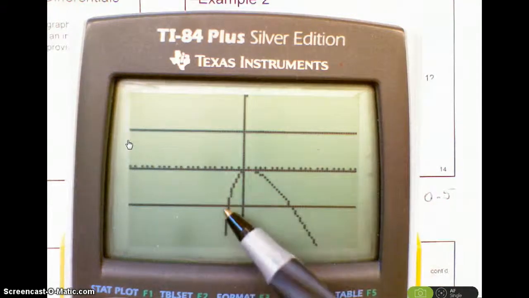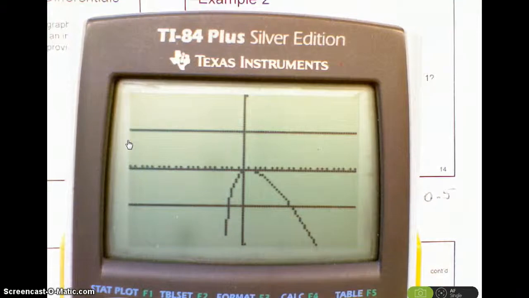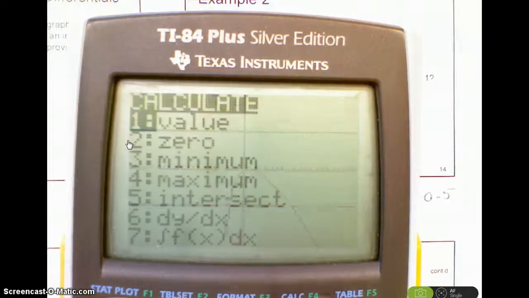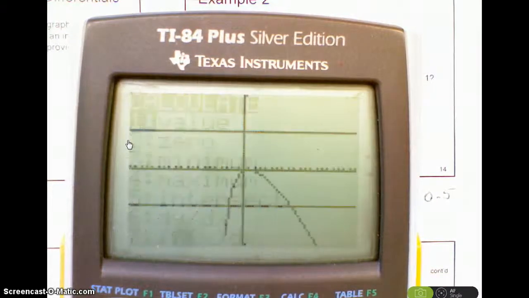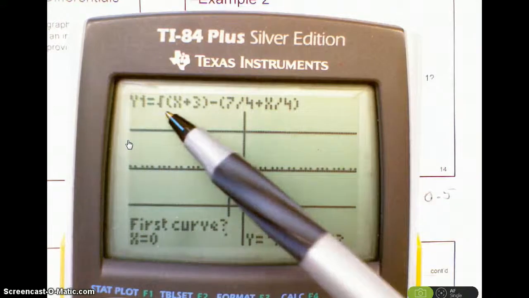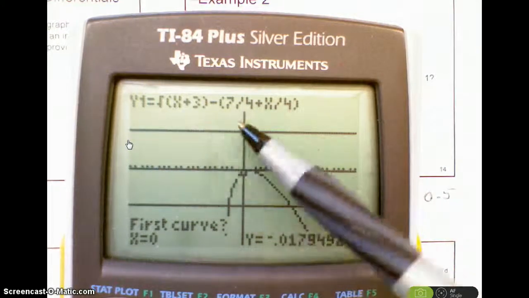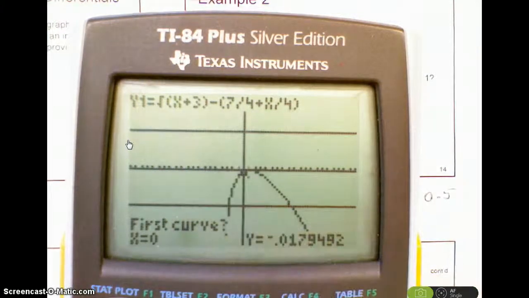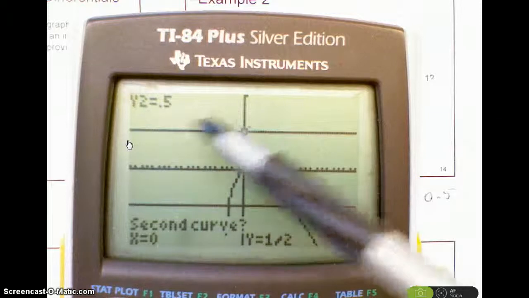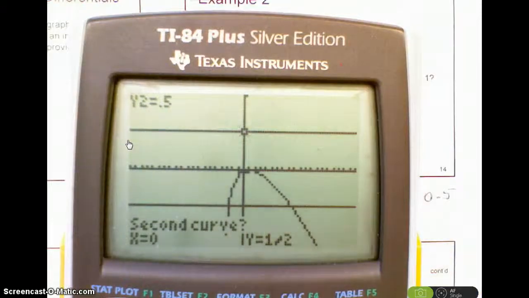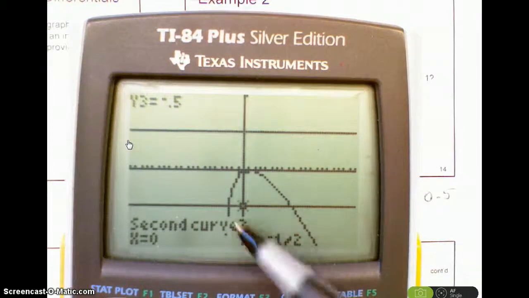I'm interested in finding what these two x values are. So again, I'm going to go to calc, and I'm going to use intersect, and the calculator is going to ask me for the two functions that I want to intersect. This is the first one, and the second one is not 0.5 because there's no intersection with that function, it's with the one at the bottom.